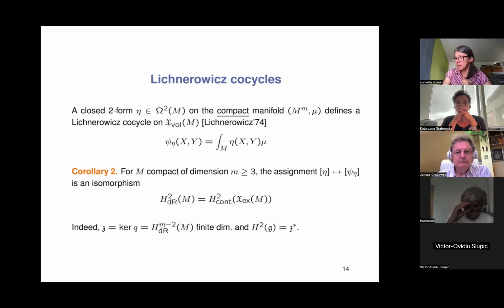In step 1, we use the Whitehead lemma because we have SLN actions, and their H1 is 0, and we get the one cocycle.